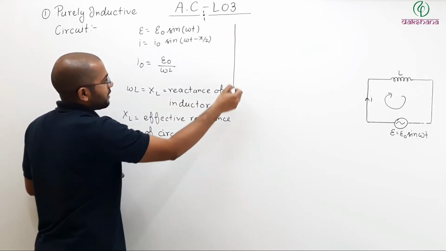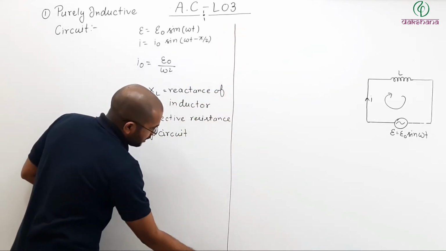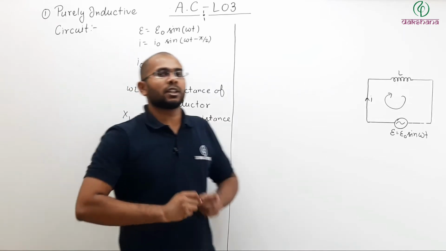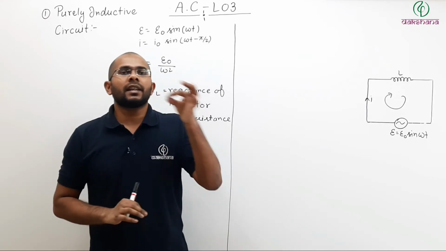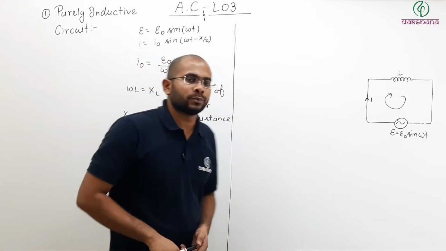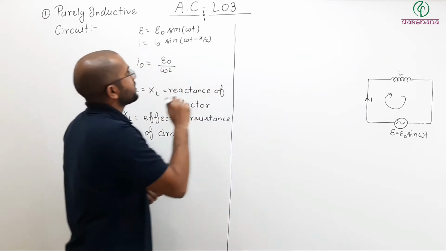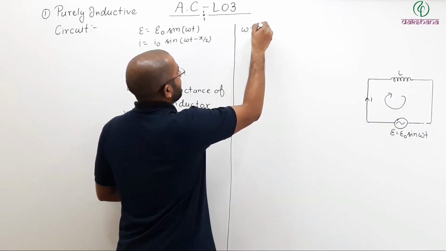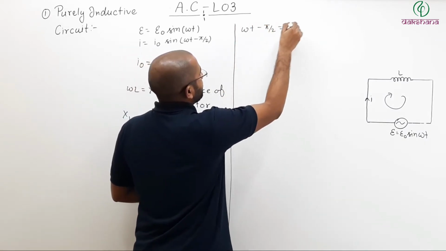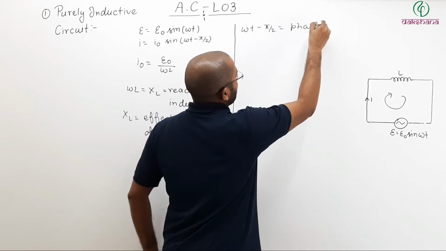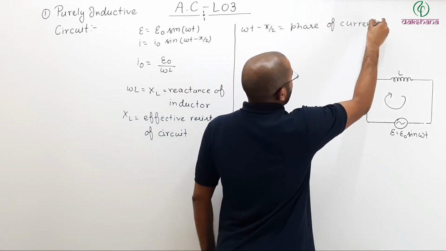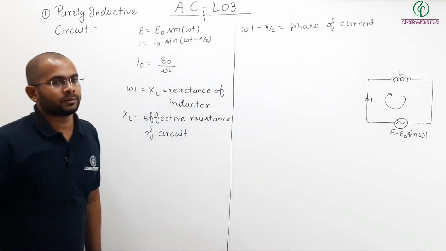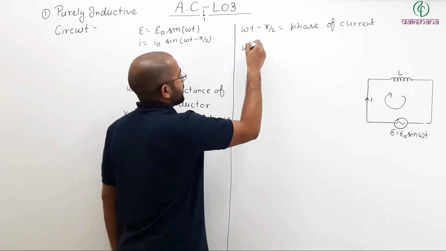Now there is another very important point: which leads and which lags. In case of a purely capacitive circuit, we have already studied that current leads potential by pi by 2. Here, omega t minus pi by 2 is the phase of current. What is omega t?